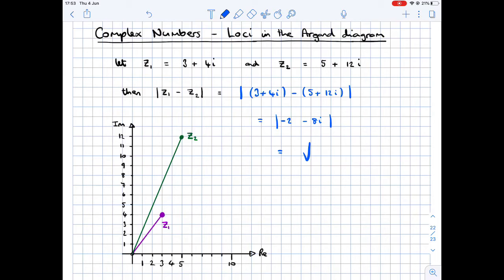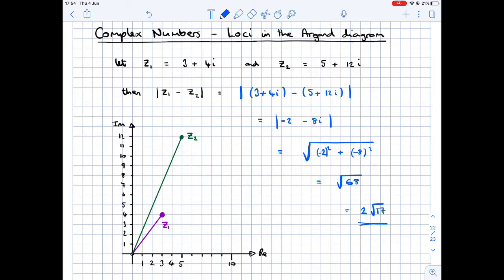So the magnitude being the real part squared, we can almost ignore the negative there, because when we square it we get positive, plus the coefficient of the imaginary part squared, which gives us the square root of 68, which is the same as 2 root 17.